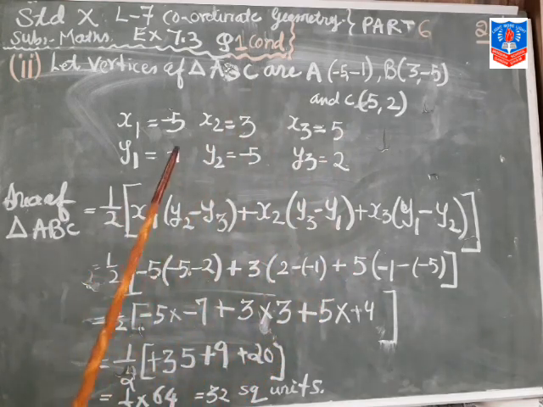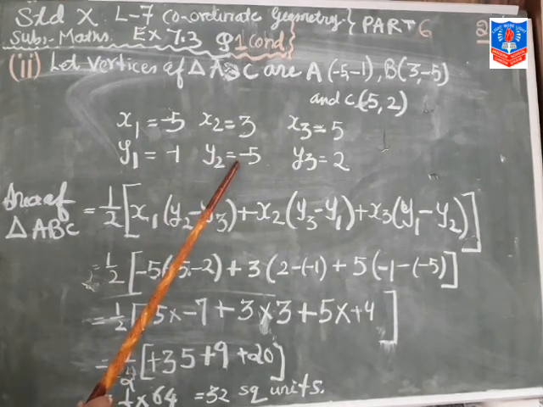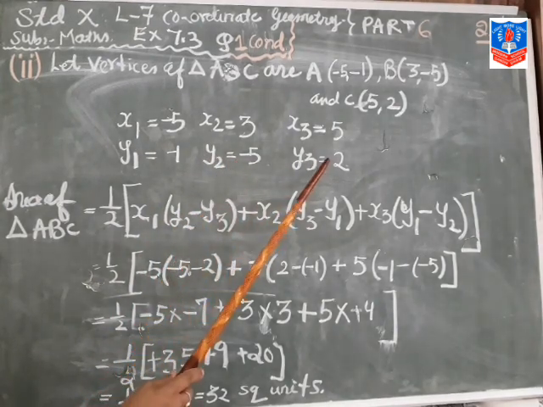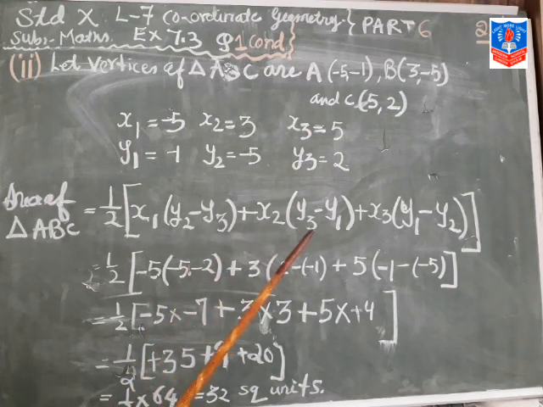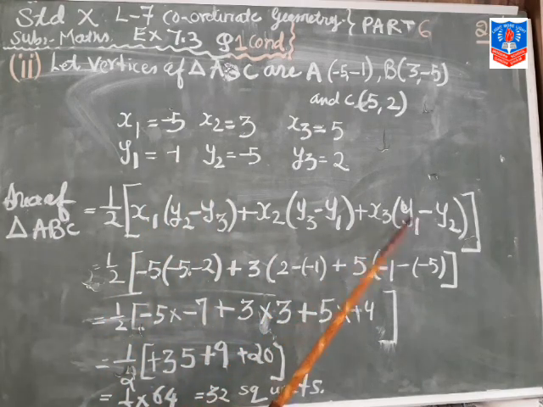Now y2 is -5 minus 2, clear? Then y3 is 2 minus y1 that is -1, and y1 minus y2 is -1 minus -5. We will write inside the bracket. -5 minus 2 is -7.